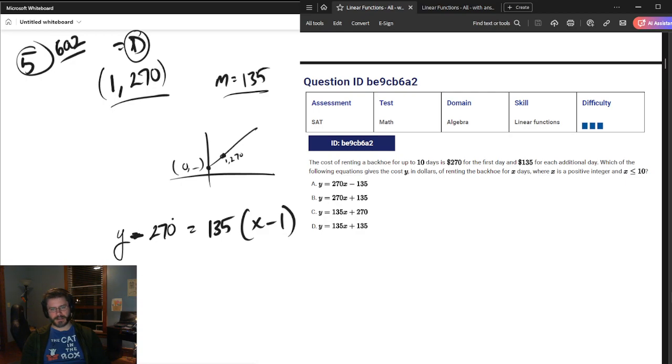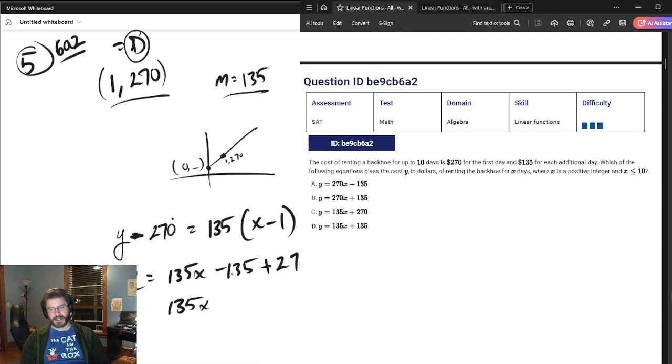Distribute and combine like terms. y equals 135x minus 135. Add the 270 over. 135x. And 135 is indeed half of that, so 270 minus 135 is just 135 again. And so therefore we do confirm our answer D. Let's go ahead and check our work at this point.